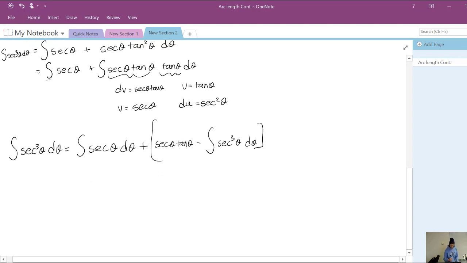Right, and who remembers the trick for doing this from here? We've recreated the original term on this side, secant cubed. We can just add this to both sides.